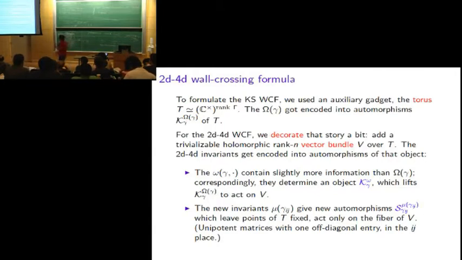But now we also have some new invariants, these mu of gamma ij's, and they give really new automorphisms which don't act on the points of the torus at all, but they're just some matrices that act in the fiber of the bundle. So in fact, those matrices also appeared maybe slightly implicitly in Davide's talk. They're unipotent matrices, just with one off-diagonal entry in the ij place, roughly speaking.